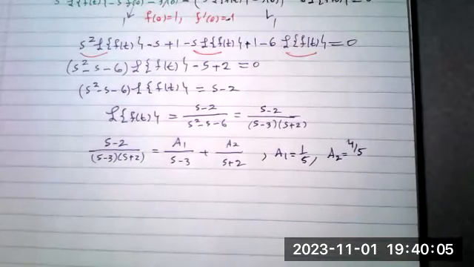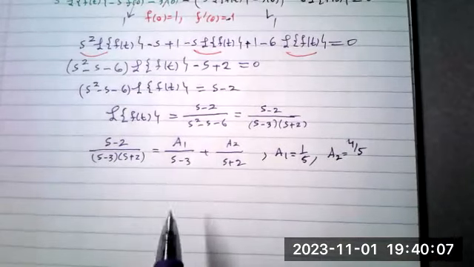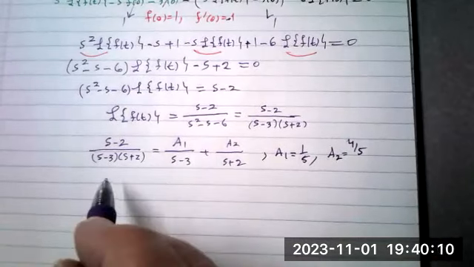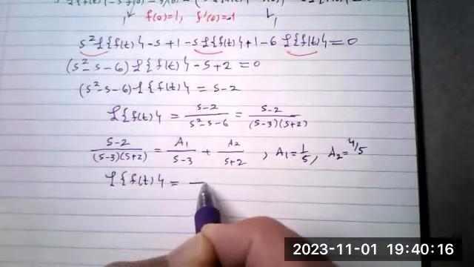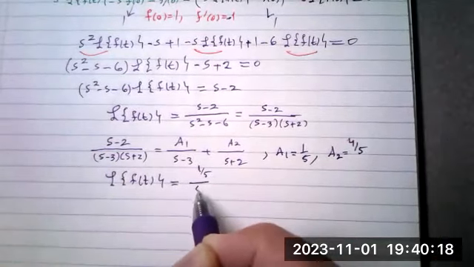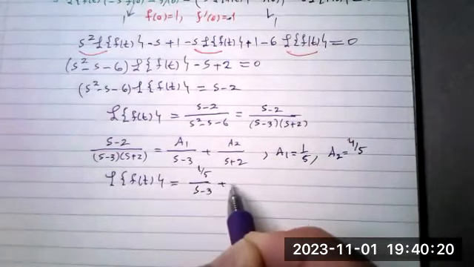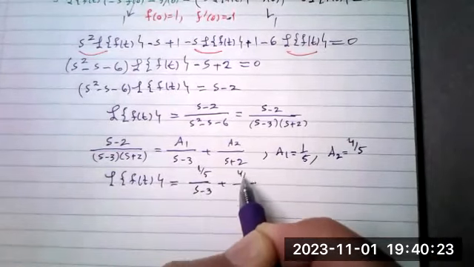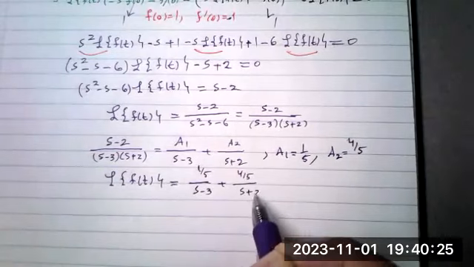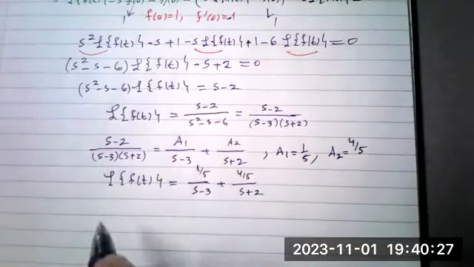Okay, so that's it. We are ready to get the result. So that's Laplace of f of t. Now it's going to be equal to 1/5 over s minus 3 plus 4/5 over s plus 2. So we are interested in the Laplace inverse to get f of t.